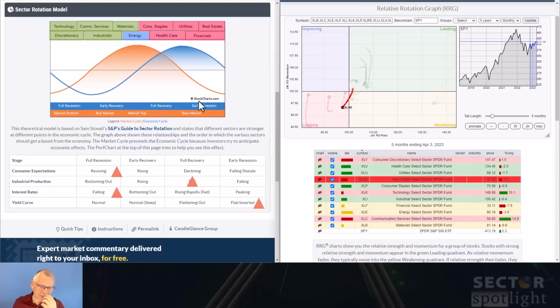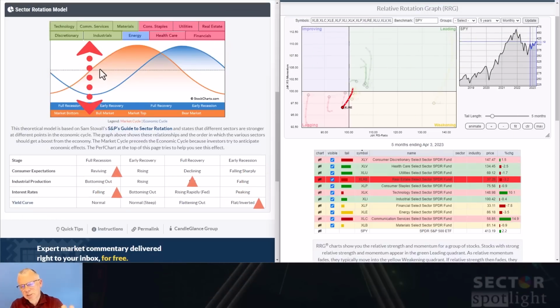So when I combine that with the reading in the table here, which is tilted to the left-hand side, to the full recession, early recovery. So from the macroeconomic perspective, we're somewhere right here. And if I align that with the sectors across the top, then I think that it makes sense to put the model sort of right here, moving from a market bottom into a bull market.